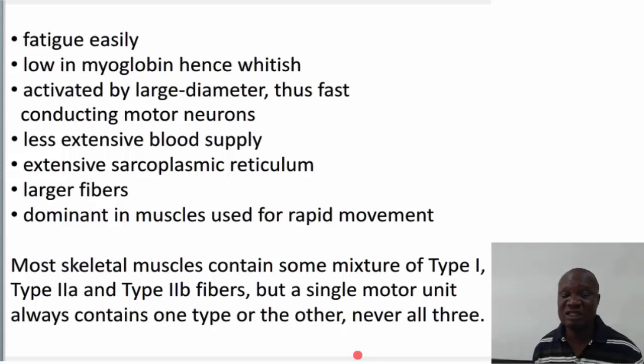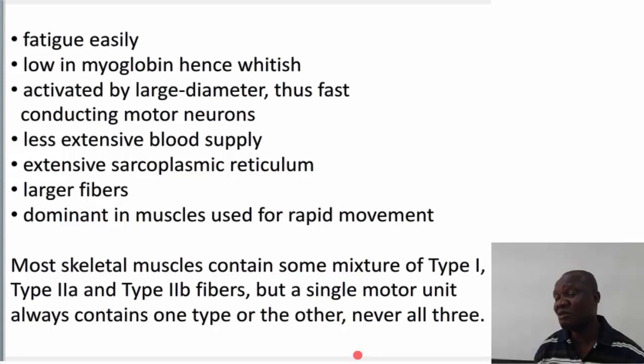Any muscle that is used for rapid movement would have predominantly type 2B fibers. Most skeletal muscles contain a mixture of these muscle fibers, type 1, type 2A, and type 2B. They contain all of them.